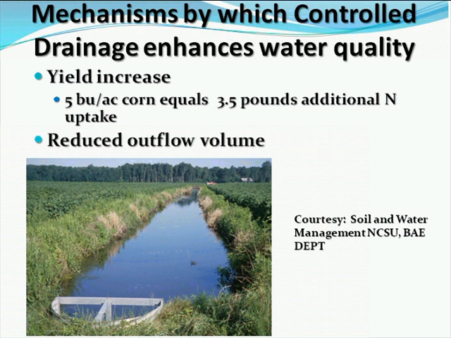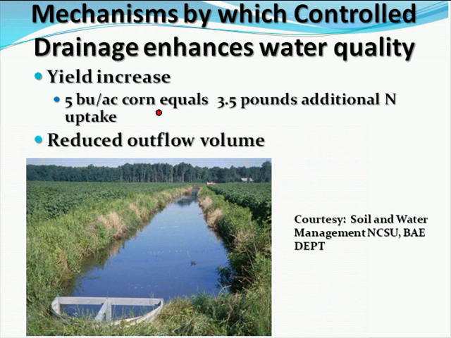Mechanisms by which controlled drainage enhances water quality were discussed in our subsurface presentation. Yield increases can result if the conditions are right and we get some rainfall to help, and it happens to be at that point where that backed up water is available for crop response.